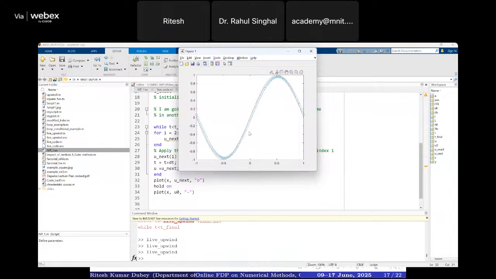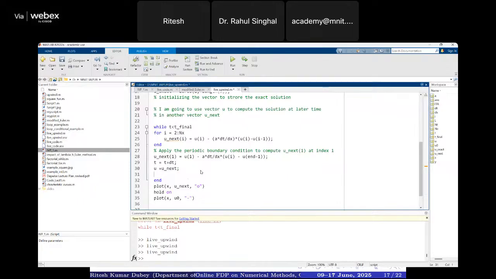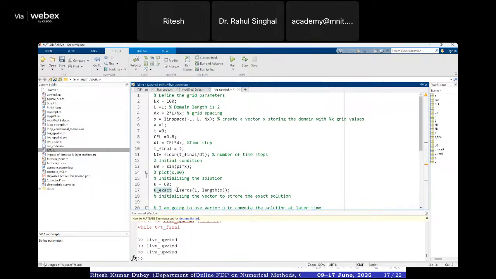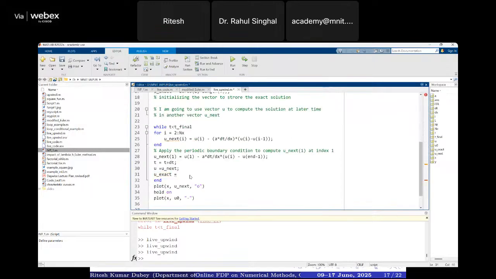You can actually calculate the exact solution also. So that can be done as u_exact, which I have already defined here as U0. So I can put here u_exact equal to, here I am going to use the circular shift function of MATLAB. Circular shift circulates, or shifts, the initial condition, because the initial solution propagates with time without losing its shape.